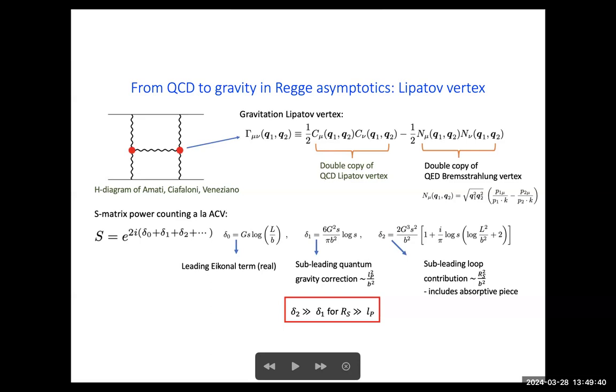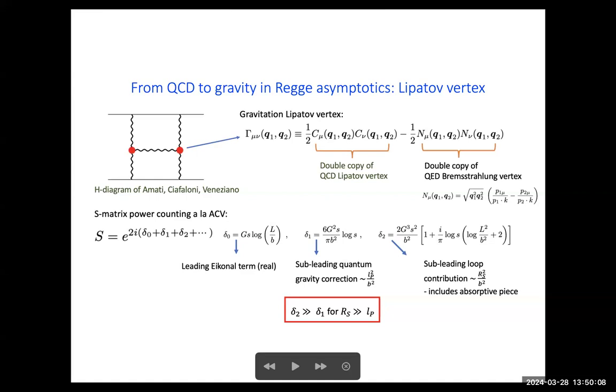And you can also have, in principle, quantum gravity corrections to your string length, which are of the form some string length over d squared. But if you're at somewhat large impact parameters, these are subleading contributions. But now there's also this additional term here, which corresponds to this diagram that I mentioned, which is also subleading, but it's subleading in the order of r squared over d squared, where r is the Schwarzschild radius.